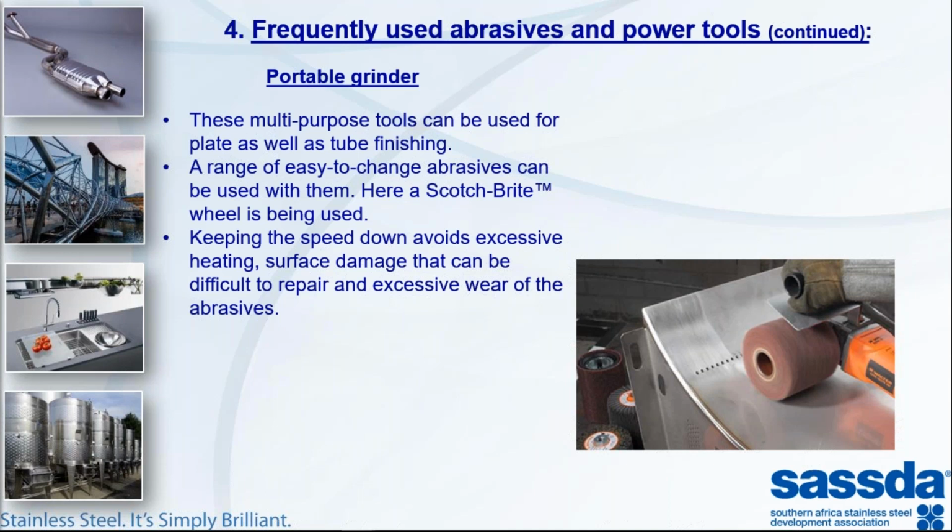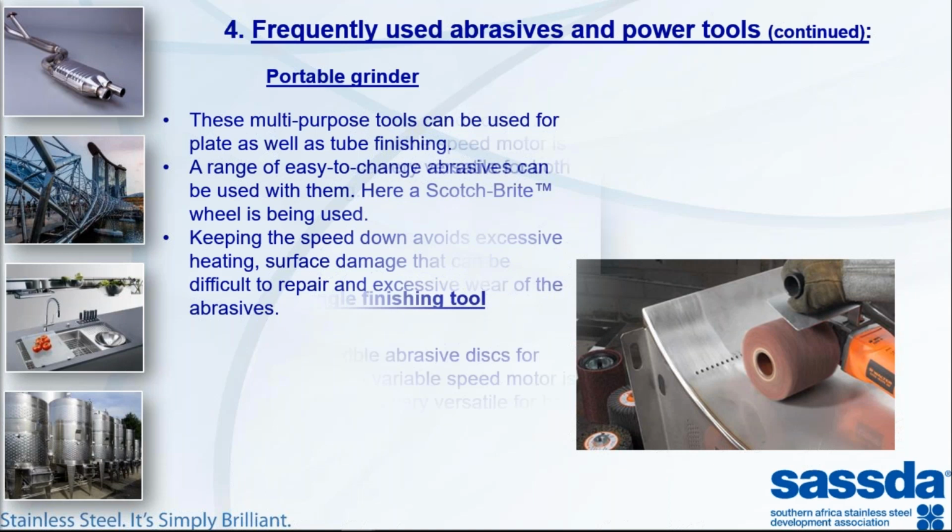That one has got Scotch-Brite on, but you can even put an inflatable wheel to give you different hardnesses and flexibility of your abrasives. Keeping the speed down on this guy because it's quite aggressive. Can avoid excessive heating. You see it's quite wide as well, and it will limit surface damage. So your pressure and your speed should be in good balance, but low speeds.